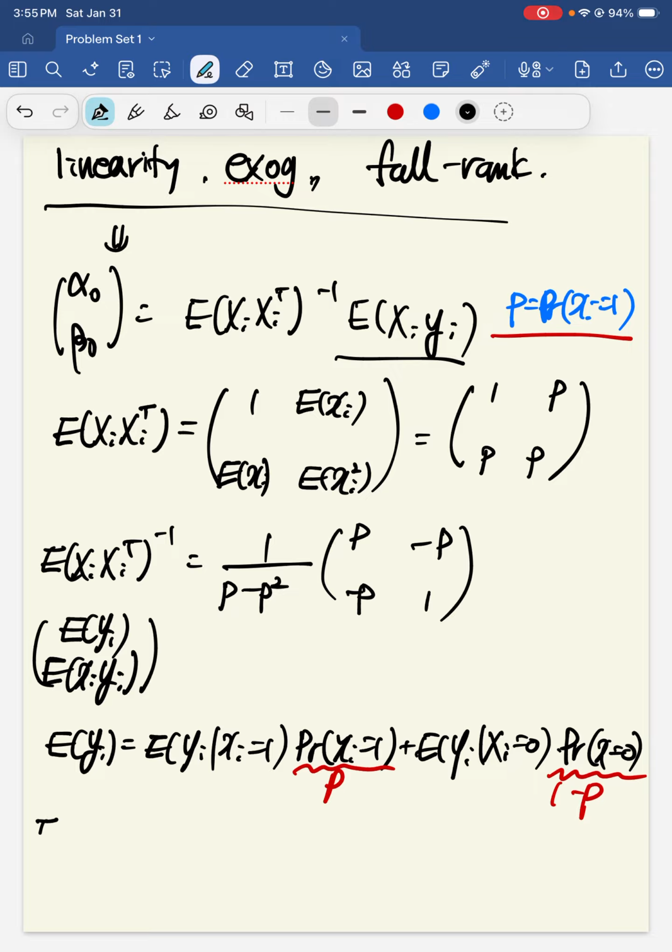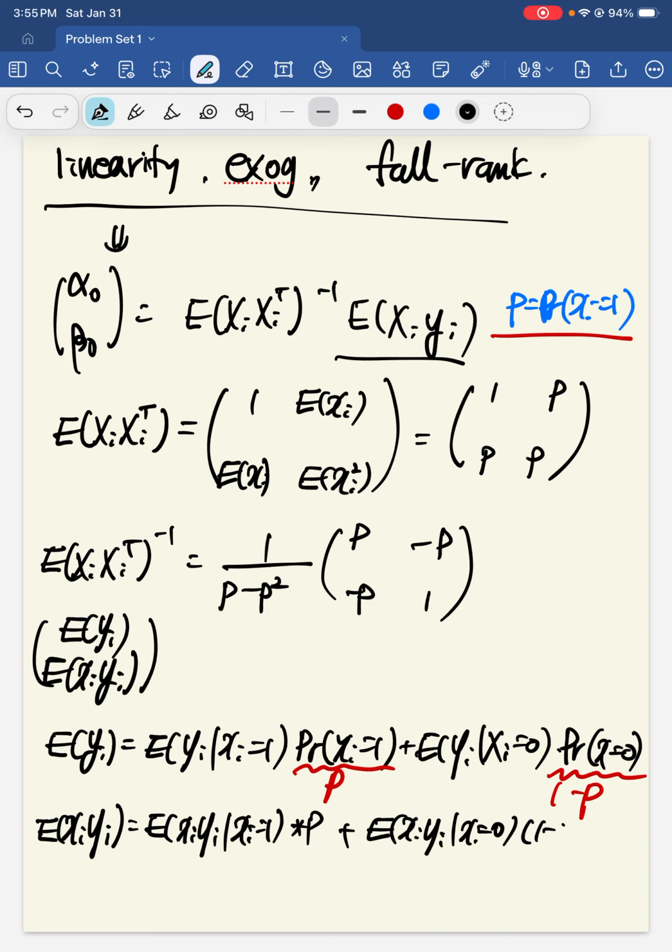Similarly, I will calculate x_i times y_i: expectation of x_i y_i given x_i equals 1 times P, plus expectation of x_i y_i given x_i equals 0 times 1 minus P. But this second term is 0 because x is 0, so we can ignore it.